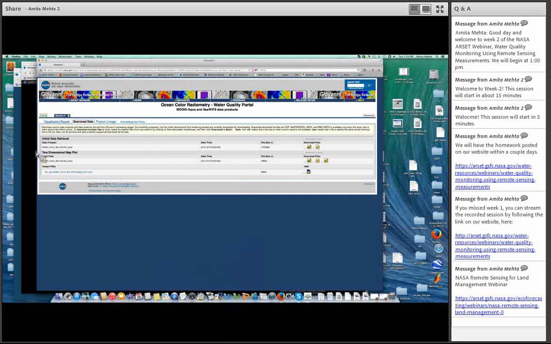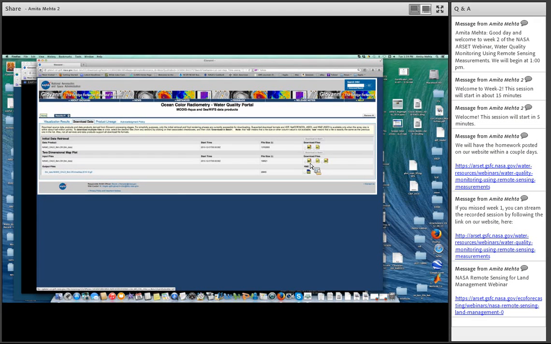The same data that was used in making this image that we just saw is available, as well as that monthly MODIS Aqua chlorophyll concentration data at 9-kilometer resolution, in HDF and NetCDF format, and that can be clicked and downloaded.